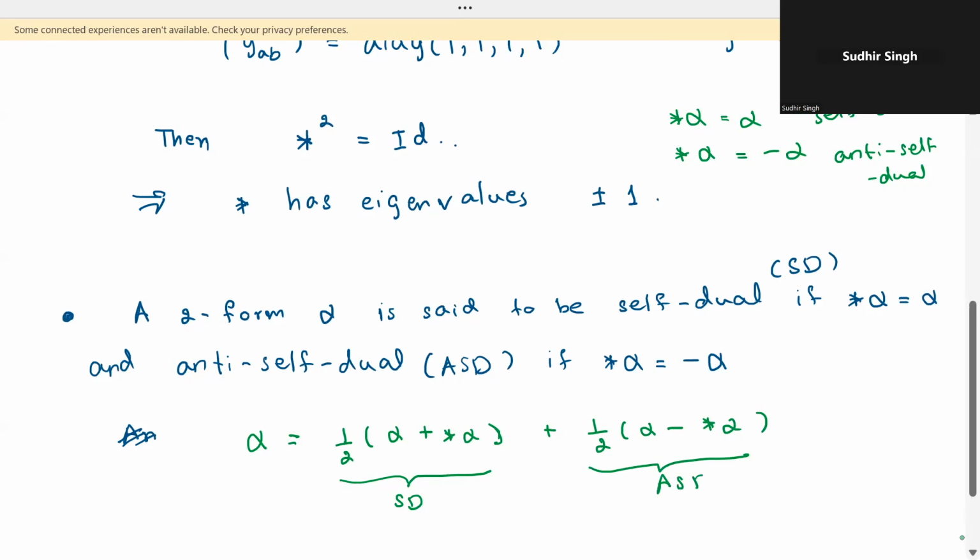So it follows that the vector space of two forms decomposes into the direct sum of the vector space of self-dual two forms and anti-self-dual two forms. Right.